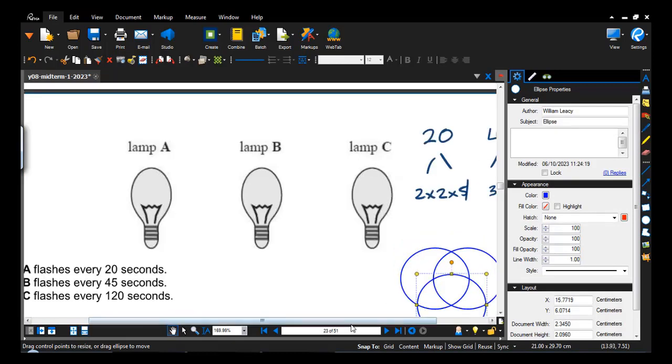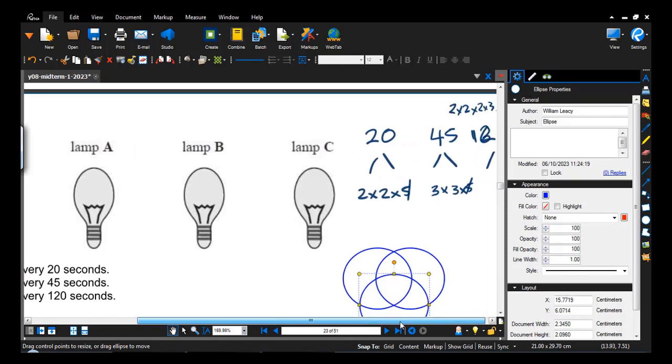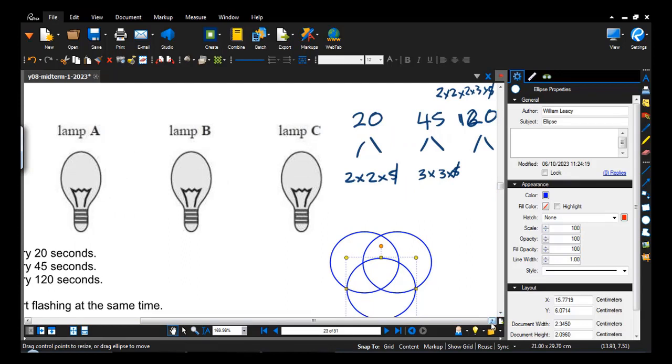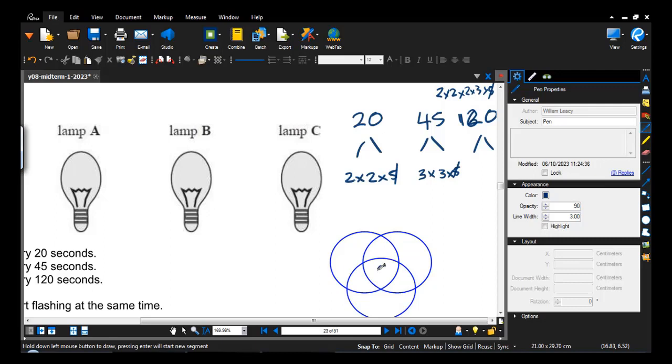So we're just going to populate this Venn diagram. We said 5 is common to all of them, so 5 goes right in the middle. Let's say that's 20, that's 45, and this is 120.